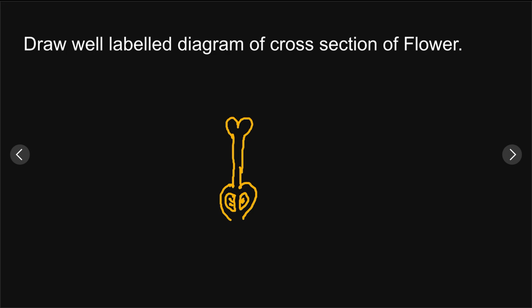After the ovules you have to make the thalamus and pedicel, and from here you will make the anther, the stamen part.